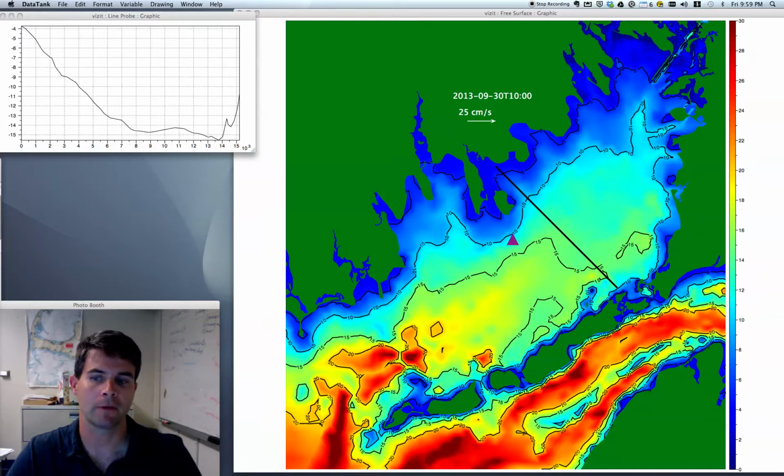Now the model saves every hour, so you don't see a nice smooth path. You just see where the boat was on the hour throughout the day, and then we turned around and came back. So we basically did roughly a cross bay excursion, and then eventually ran out of time over here and didn't quite get Station 5 in, and returned back here.